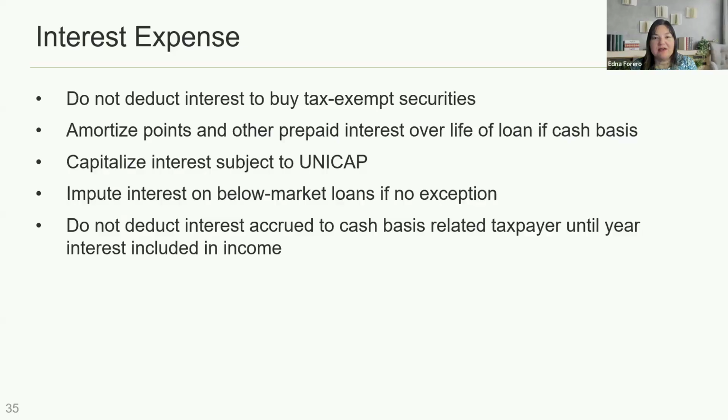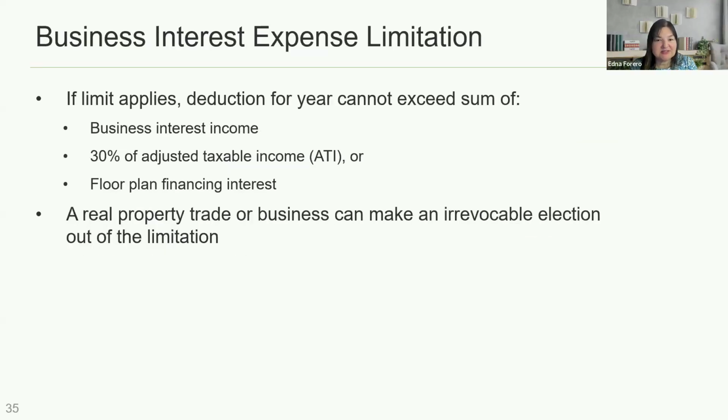Okay. All right. Business interest expenses and the limitations for that fall under section 163. That's a limitation on the deduction for business interest. You might have an exception for that, but if the limit applies, the deduction for the year cannot exceed the following sums: business interest income, 30% of the adjusted taxable income, or floor plan financing interest.